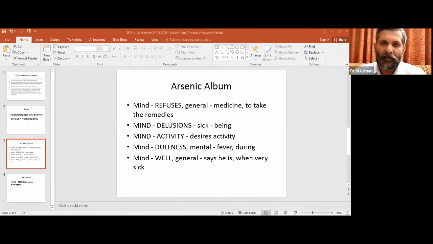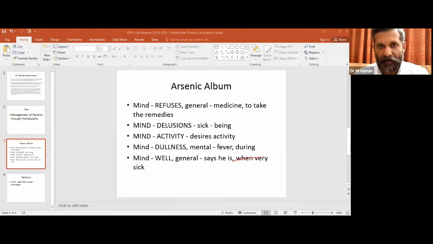So the boy knows that I'm a doctor. At first instance, he says to me, I got a fever and I was sick from yesterday.